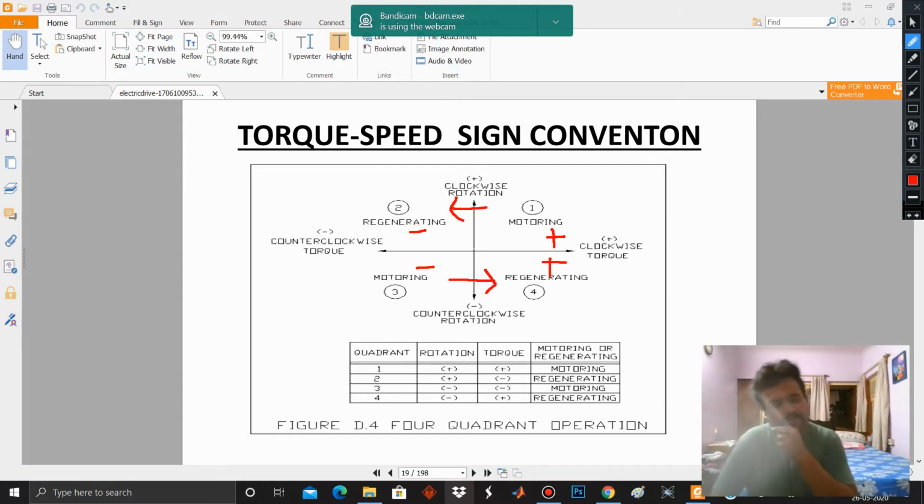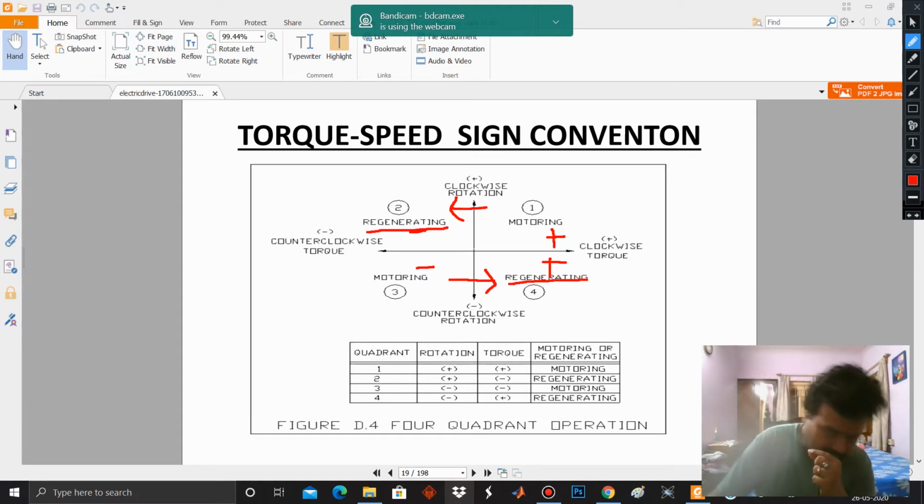So rather than wasting the power in the resistor, what if we can return the power to the supply? That is called braking with regeneration, that is, regenerative braking. I will elaborate on regenerative braking in the upcoming lectures. That's why you see the regenerating terms used here.